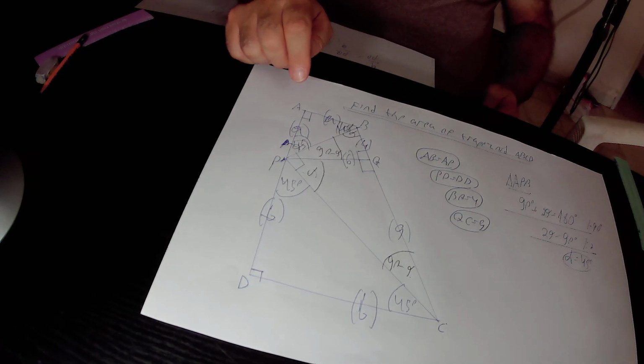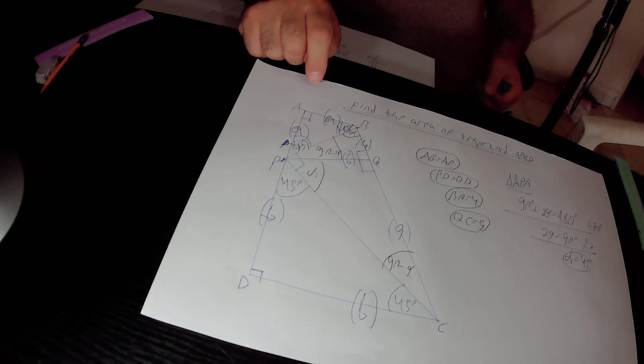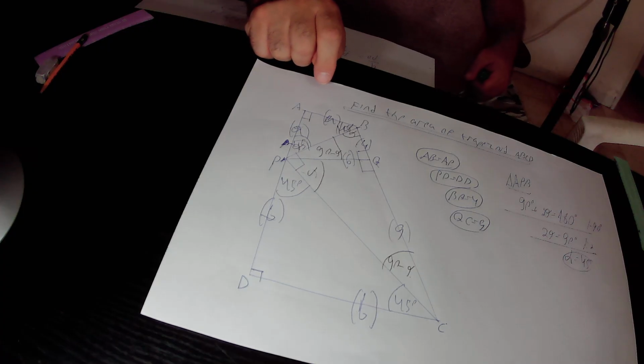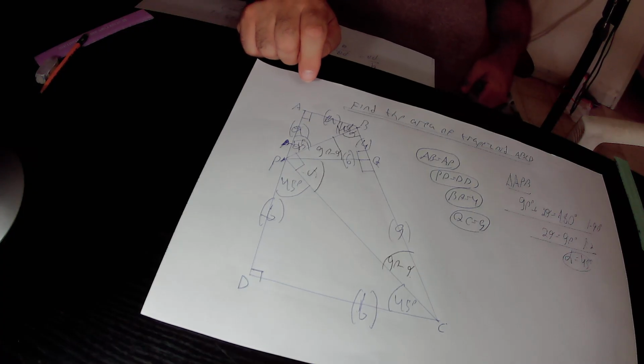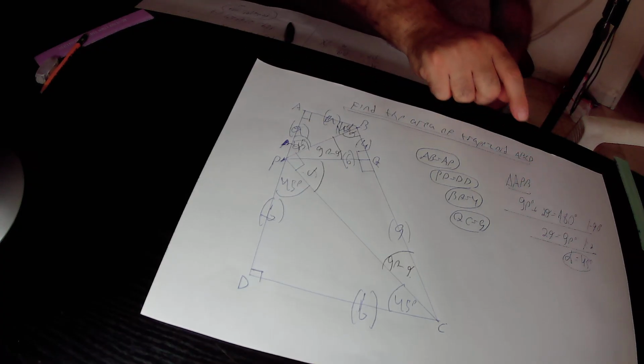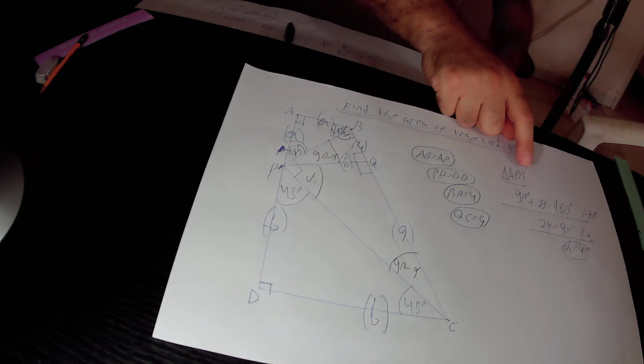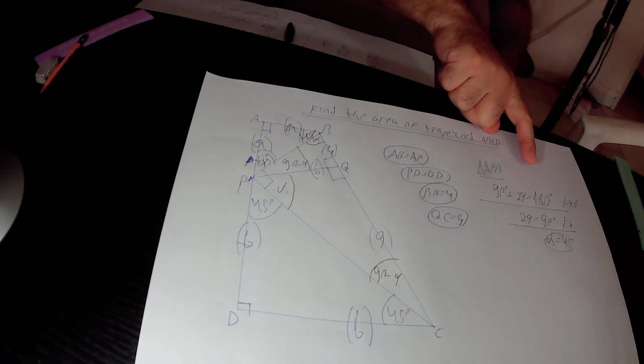In the right triangle ABP, the sum of the angles must be equal to 180 degrees, according to the rule that the sum of the angles in any triangle is 180 degrees. Which angles do we have in triangle ABP? We have this right angle, that is 90 degrees, plus alpha plus alpha, that is 2 alpha. In total, they must equal 180 degrees.